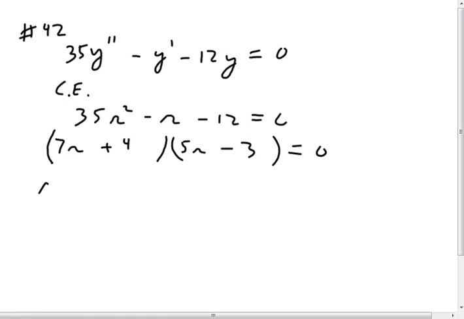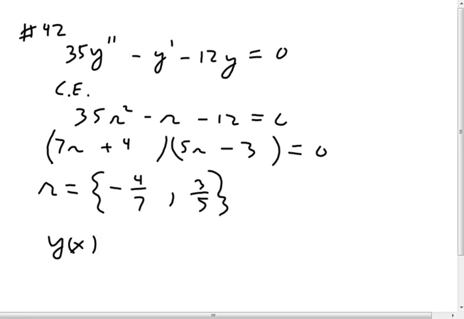Then I would come up with r is equal to the solution set minus 4 over 7 and positive 3 over 5. And I'd have y of x is equal to c1 e to the minus 4 over 7 x plus c2 e to the 3 over 5 x. And I would be done.